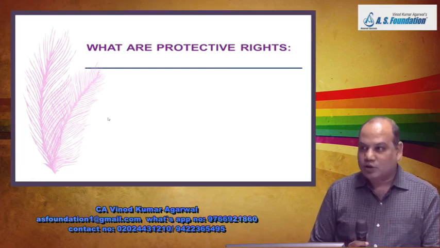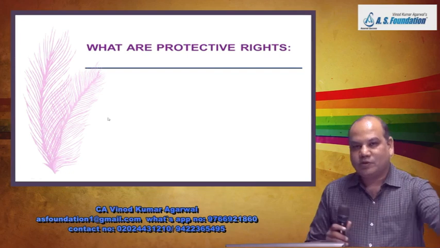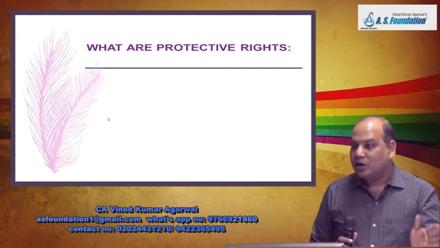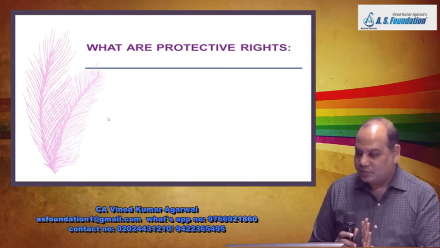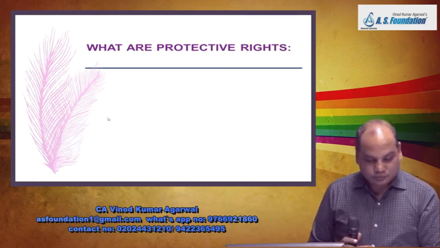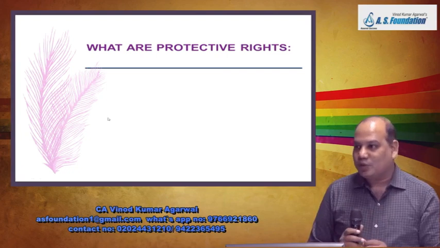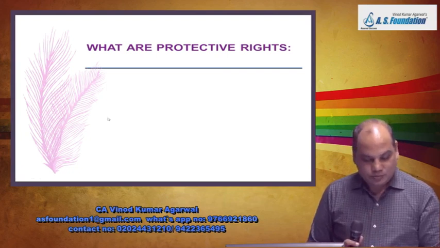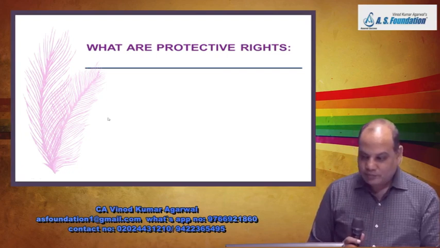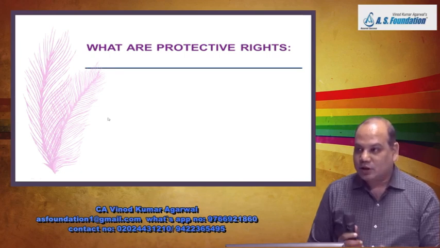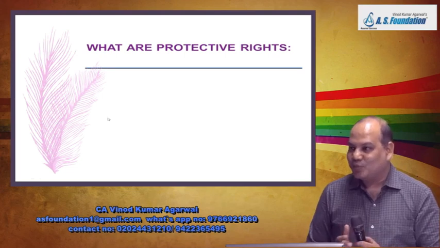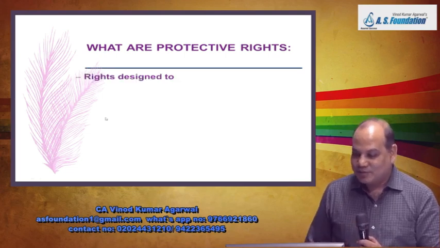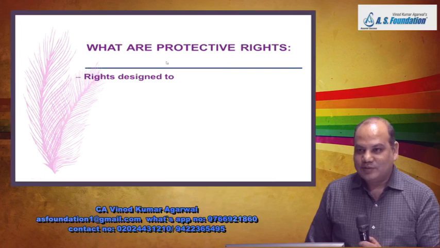In IFRS, it is not because you are holding 51% share or more that you have control. Are you able to direct the relevant activities? Now, rights are of two types: protective rights and, second one, guess, substantive rights, non-protective rights. Okay, that is your standard.